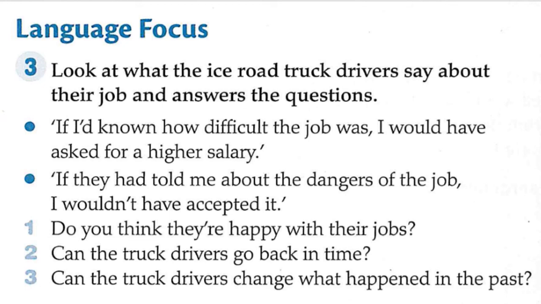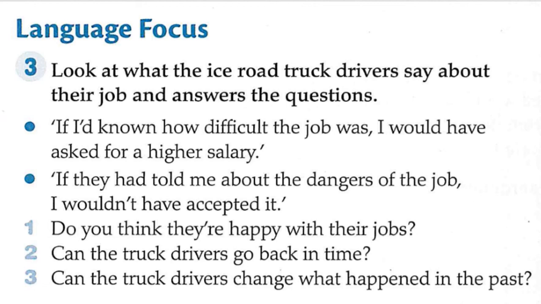The other example, if they had told me about the dangers of the job, comma, I wouldn't have accepted, past participle, it. Do you think they are happy with their jobs? Of course not. They are not happy.